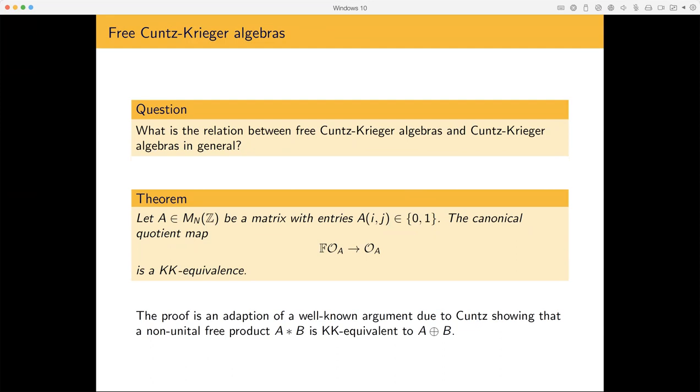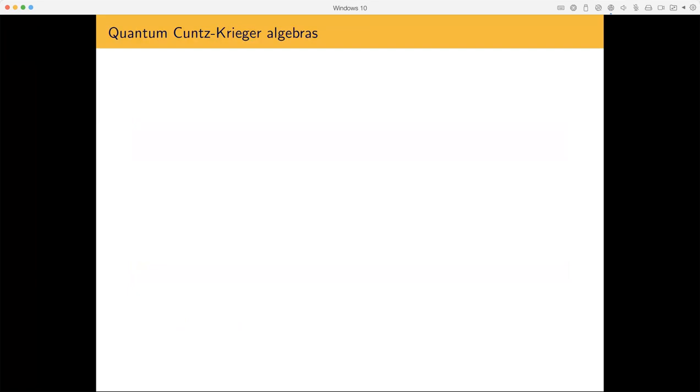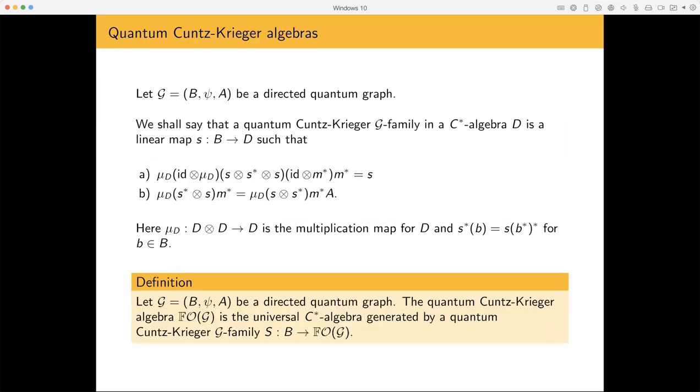Okay, now let's get to quantum Cuntz-Krieger algebras. On this slide, I will just throw the definition out, and this will probably look hard to decipher. We take as our input a quantum graph, and we want to associate a C-star algebra to it. I will probably not dwell too much on trying to explain the precise meaning or how to read these formulas.